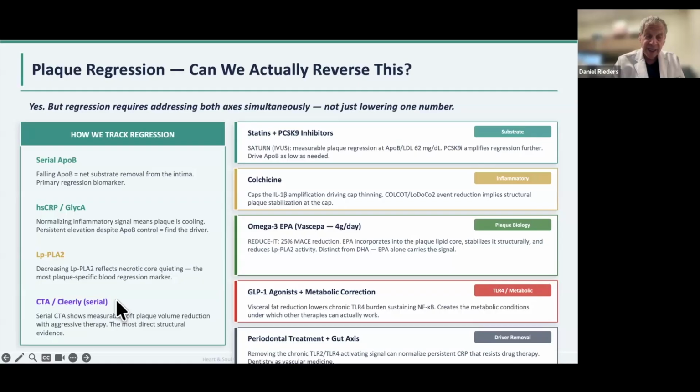Those involve radiation, so we don't want to do too many of those. But getting a really solid marker of where we are really helps cardiologists manage their patients.